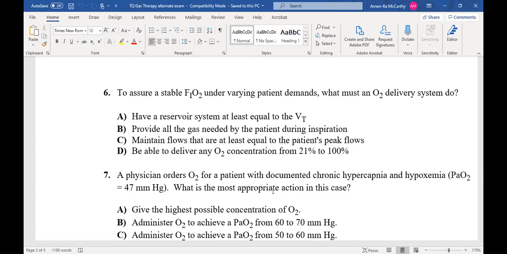Well, if they come in and you put them at 60 or 70, it's not going to affect that fast. Remember, nothing's going to affect in less than 24 hours. It's going to be about 24 hours before you see effects of O2-induced hypoventilation. So if they're going down while you give them O2, something else is causing the problem. Something else is going on.